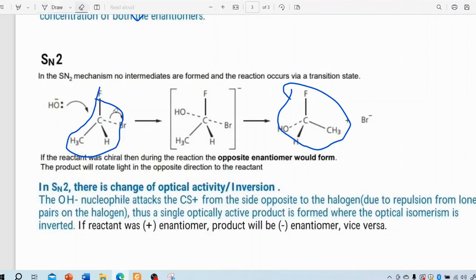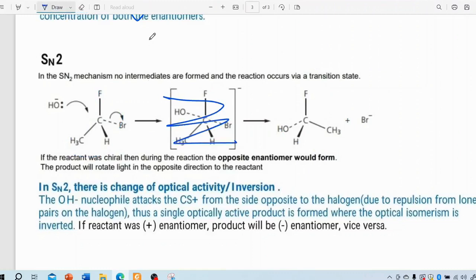So if we were to erase this and put a mirror in front, then would you not say that if this was positive, this is negative? Would you not say there is some form of inversion? So yes. If the reactant was chiral, then during the reaction, the opposite enantiomer product would form. If the reactant was the positive enantiomer, the product would be the negative enantiomer, and vice versa. This is what we call inversion.